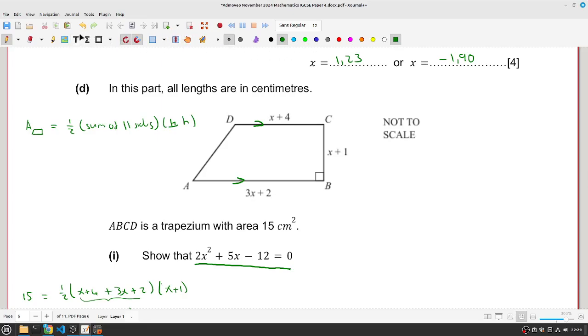Now, let's see what would happen if we split this into a triangle and a rectangle. Let me just find where my shapes are. A line. There we go. I'm going to put a line down here. And now we need to find out what this length is. If this whole length is 3x plus 2, and this part at the top is x plus 4, then this length is the 3x plus 2 minus the x plus 4.